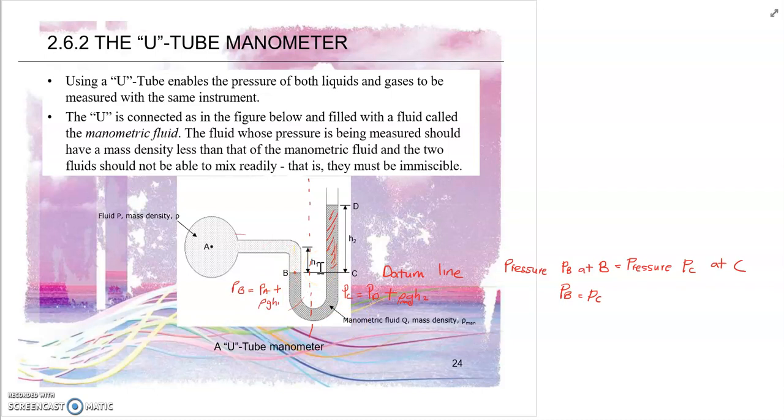So the idea of the U-tube manometer is that we must have a bigger density difference between these two so that we can measure the height difference.